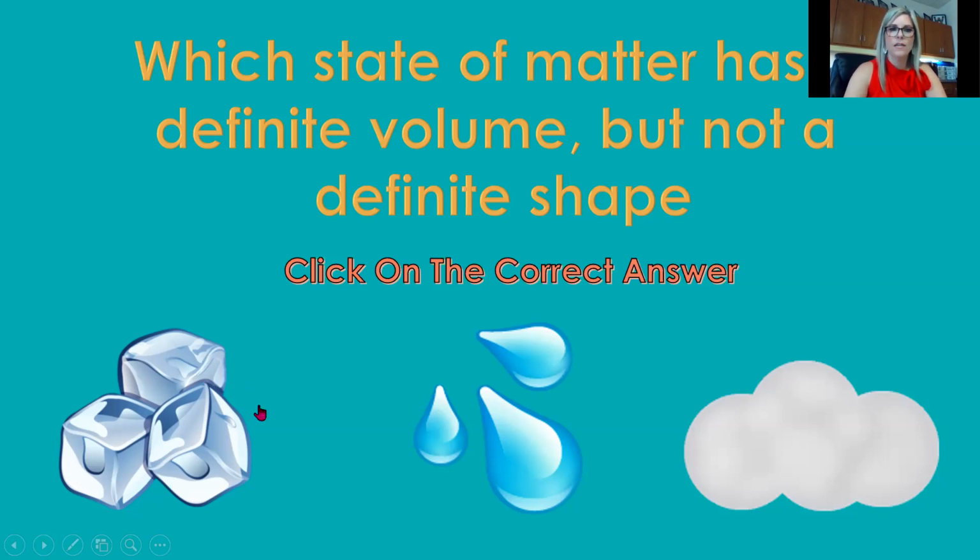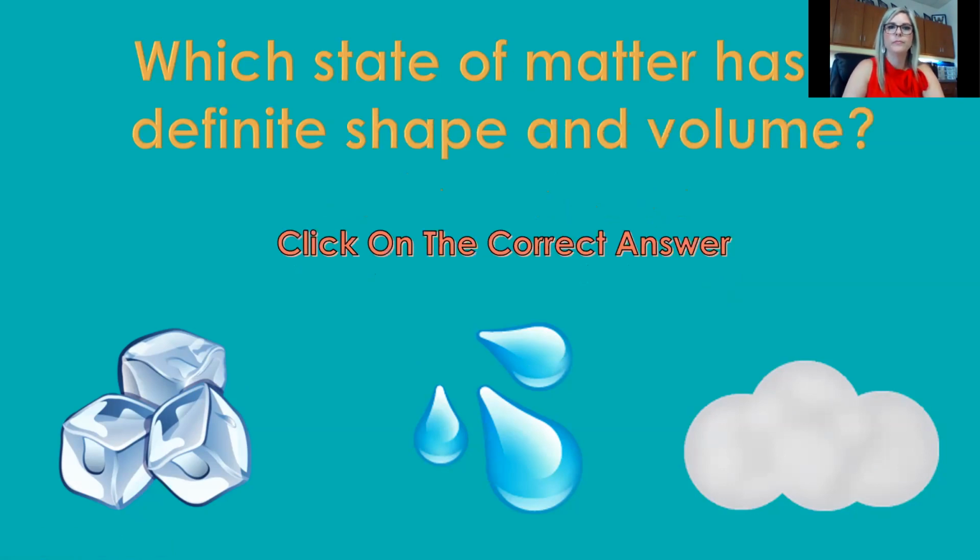It could be a solid, a liquid, or a gas. What do you think it could be? It's a liquid. We just talked about it, right? It has the same volume. Whatever's in there, it's going to be the same amount, but not a definite shape. No matter where I pour it, what container, it's going to take the shape of that container.